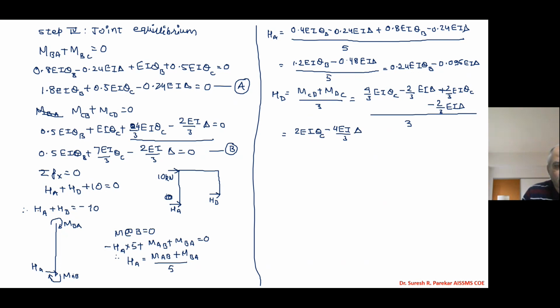Now we will put these values in this equation and we will get 0.24 EI theta B, whole divided by 3 actually.